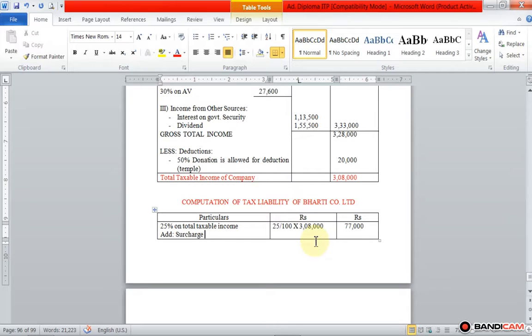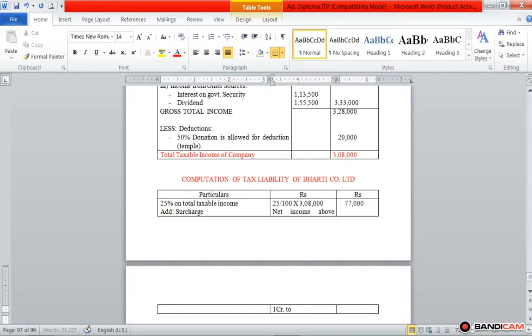But a condition is given for surcharge: 7% surcharge is charged to a domestic company whose net income is more than 1 crore, up to 10 crore.